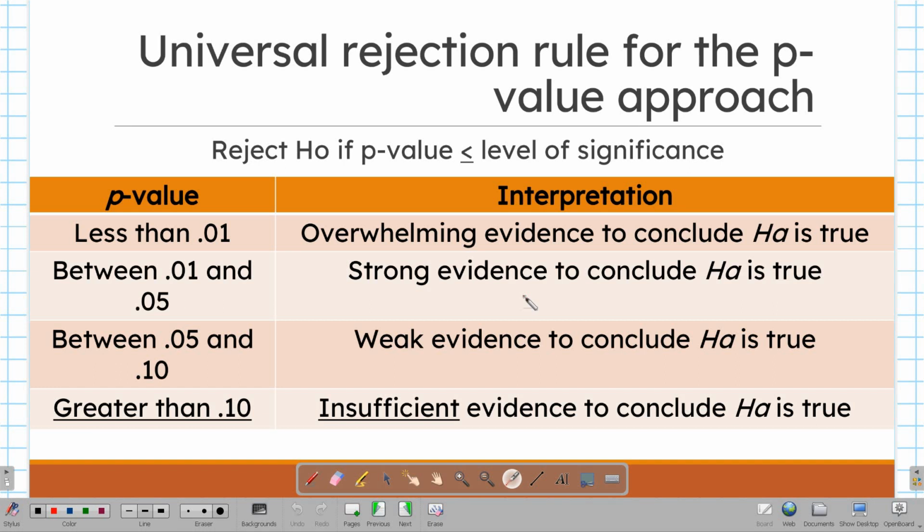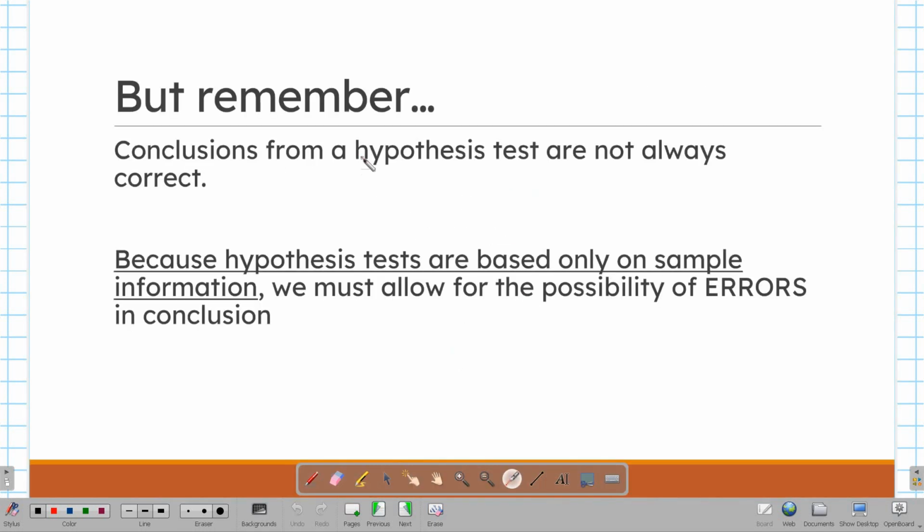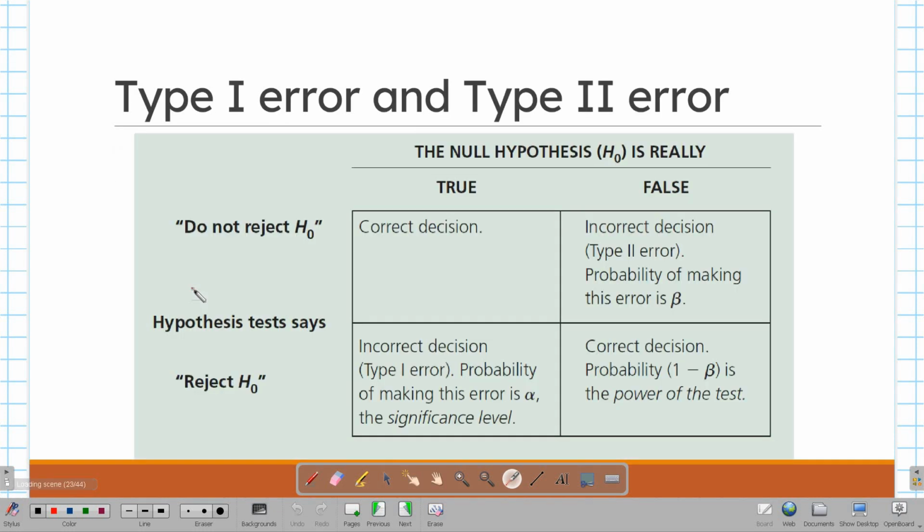But whether we reject H0 or not, remember that conclusions are not always correct because we only got sample information. That's why we have to take note of type 1 and type 2 errors. When the null hypothesis is true and we do not reject it, it's a correct decision. However, if the null hypothesis is true and we reject it, we are making a type 1 error, and the probability of that is alpha, which is set by the problem because that's what we use for our decision rules.